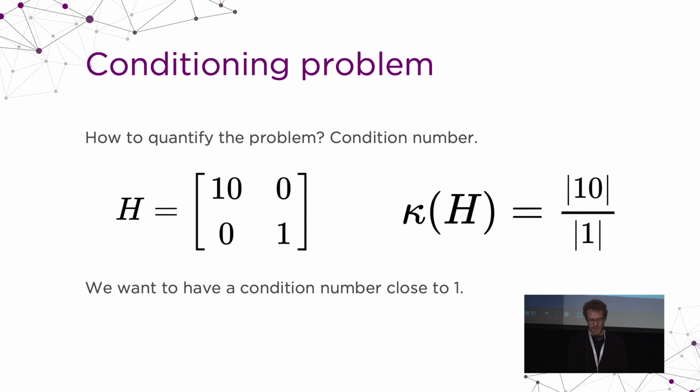If I turn the ellipse in some direction, the eigenvalue will be the measure on the axes of the ellipse and not on the axes of my parameter space. But here, since the ellipses are aligned with the parameter space, because I have a diagonal matrix, the condition number is only 10/1. What we usually want is a condition number which is close to 1. Here we can see that a condition number of 10 is not good for gradient descent.